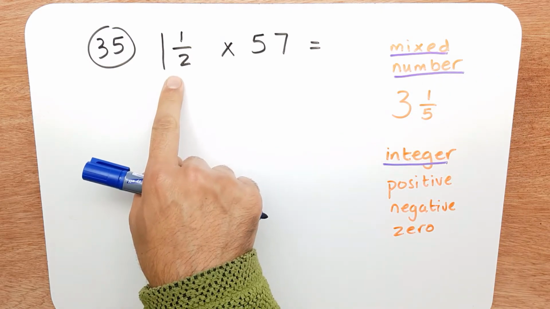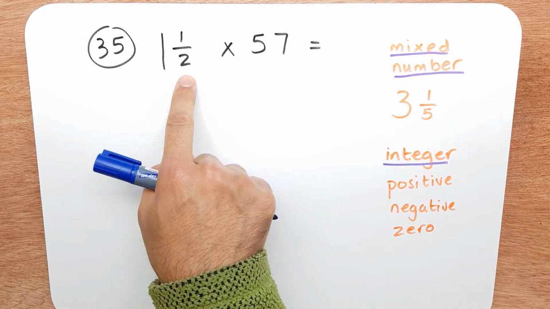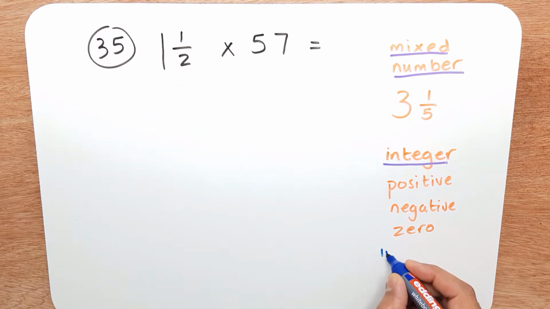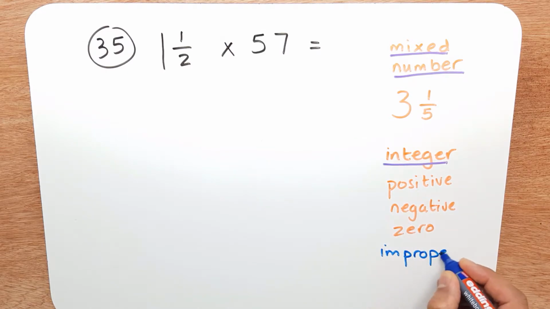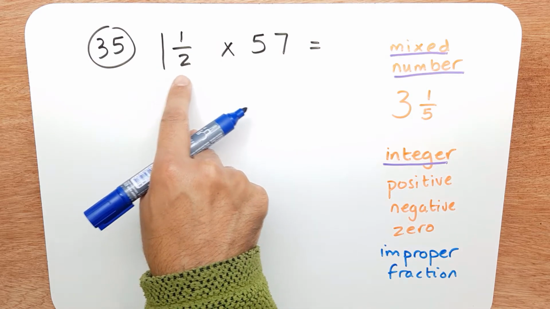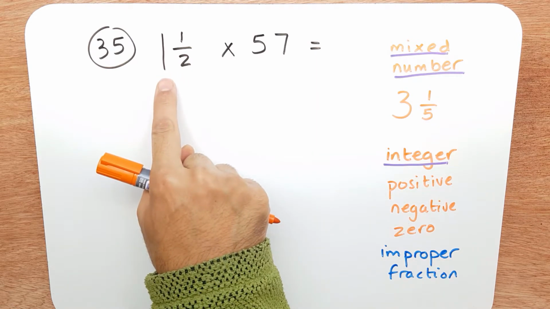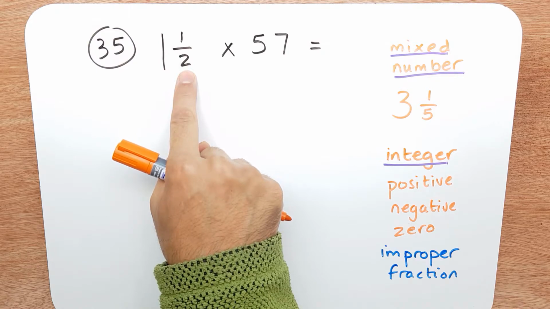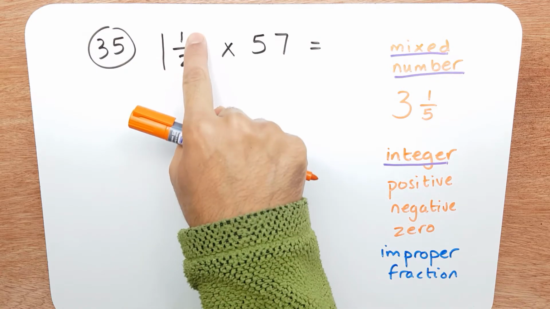So our first step with this is turn this into an improper fraction. So let's write that word down, improper fraction. And that is simply where the top number is bigger than the bottom number in a fraction, and I'll show you in a second. So what you do is you do the big number times the bottom number, add the top number.